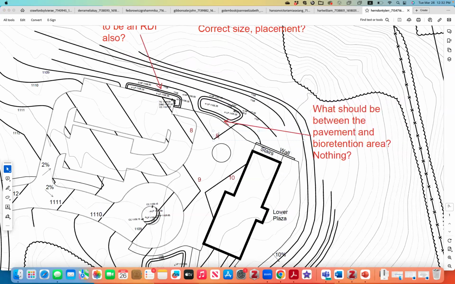That's the 8 contour. Sorry, this will be the 9 contour. If this is the 8, and then we have about 7.5 down.